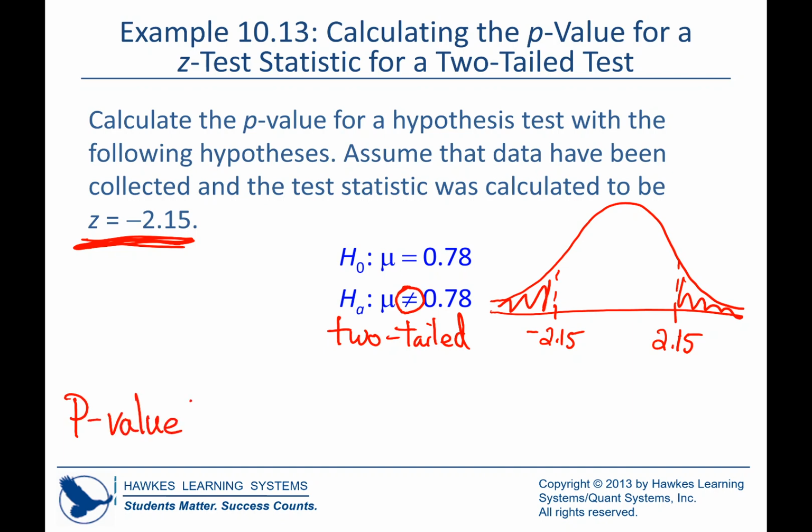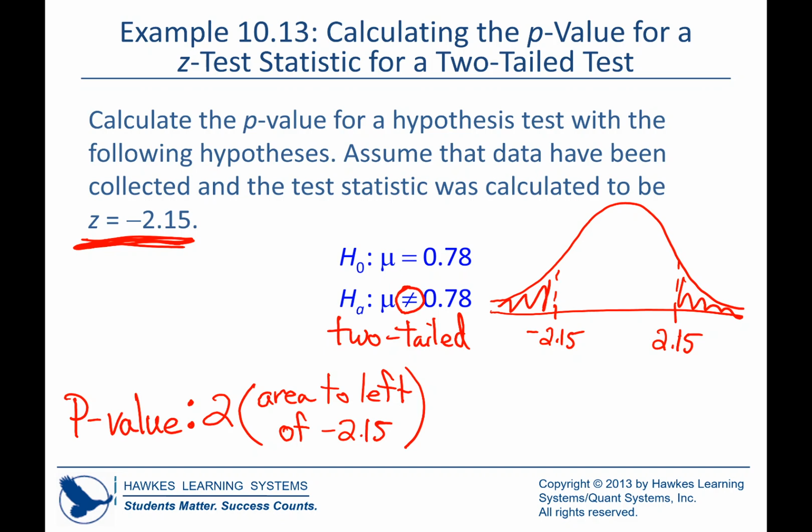So our p-value here, the way I'm going to write it, is 2 times the area to the left of negative 2.15. The thing that's a little weird about that is that if our test statistic was positive 2.15, we would still find the p-value the same way.